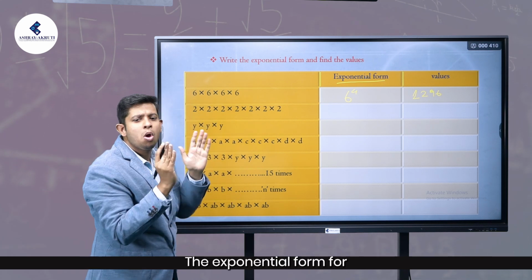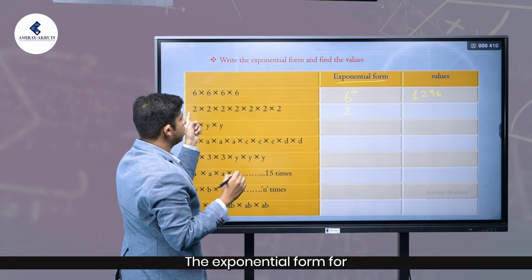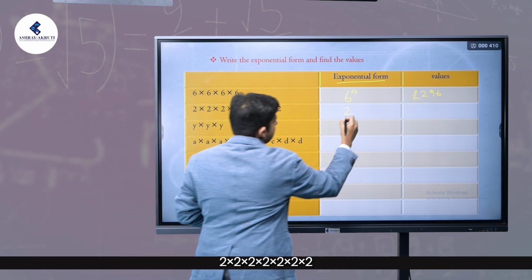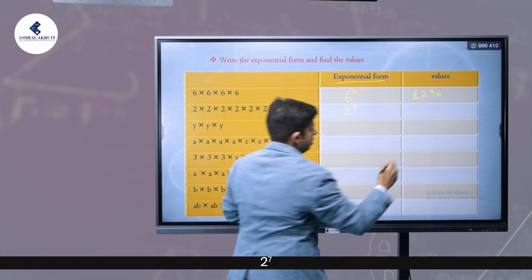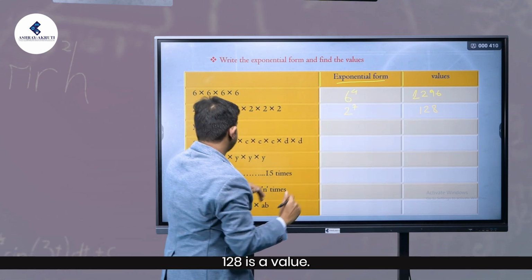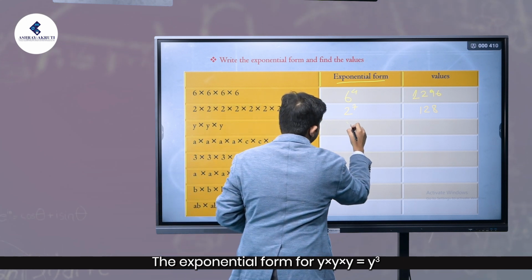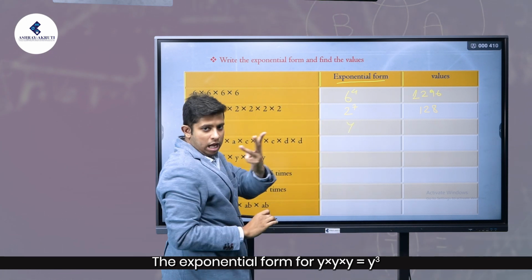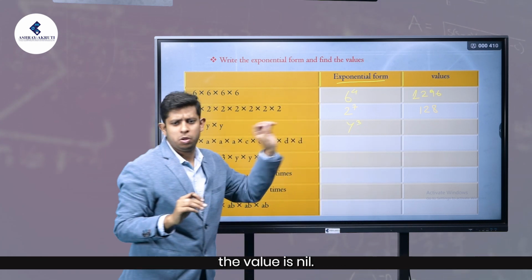The exponential form for 2 into 2 into 2 into 2 into 2 into 2 into 2 is 2 to the power of 7. 128 is the value. The exponential form for y into y into y is y cube. The value is nil.